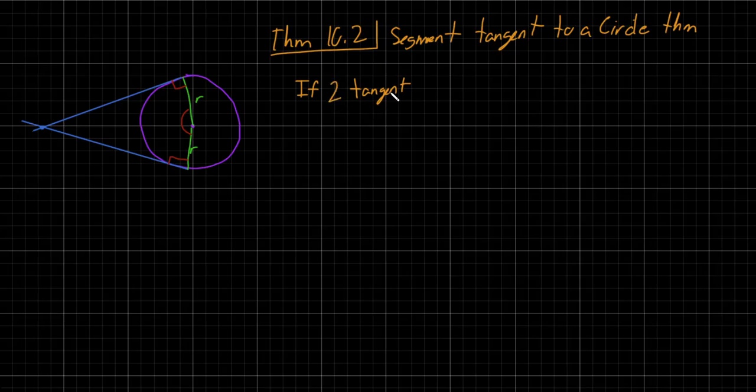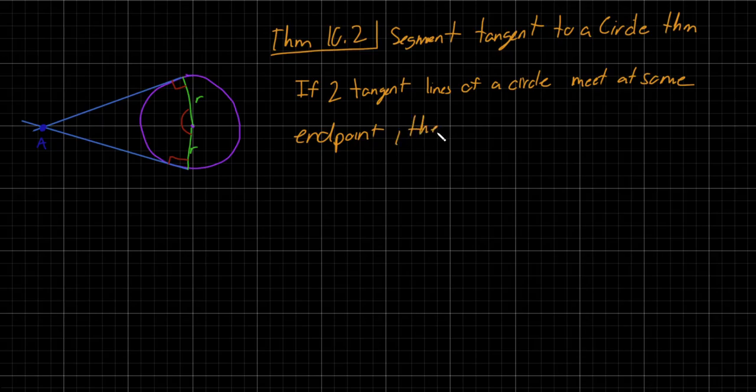So if two tangent lines of a circle meet at some point, say at some endpoint, in this case, that endpoint is going to be right there. So that is A.